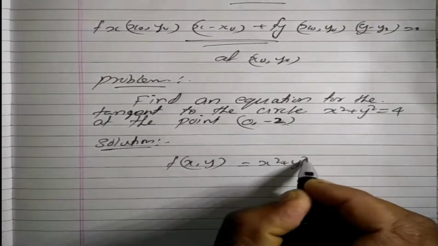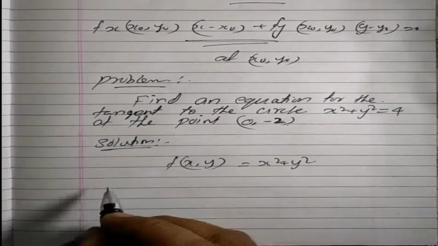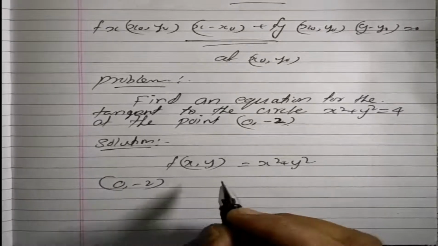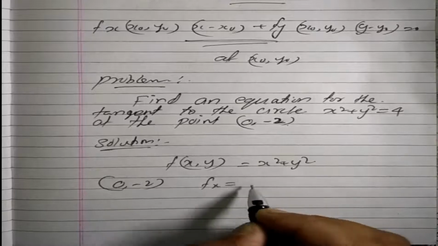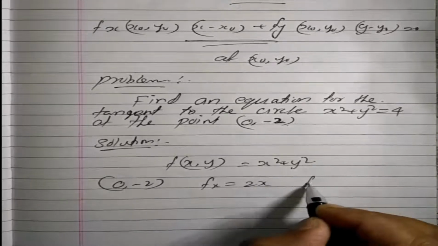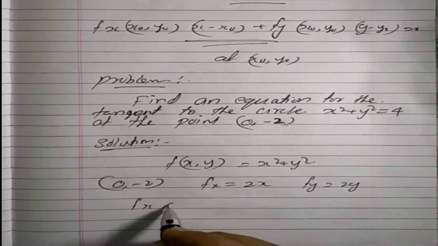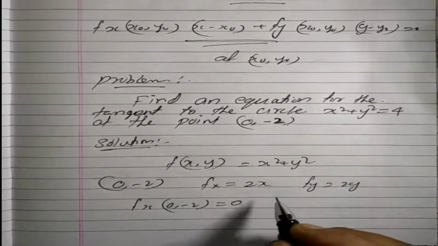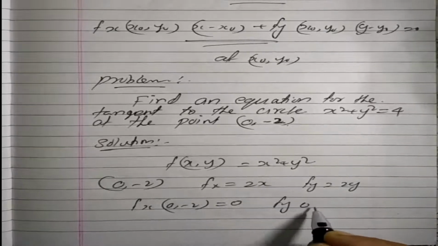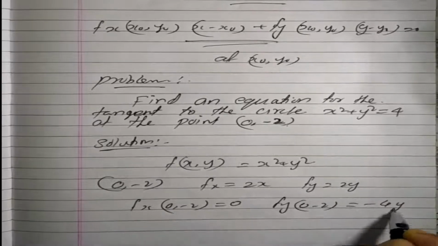Now find the values of fx and fy at the point 0, minus 2. Fx is 2x and fy is 2y. So fx at 0, minus 2 equals 0, and fy at 0, minus 2 equals minus 4.